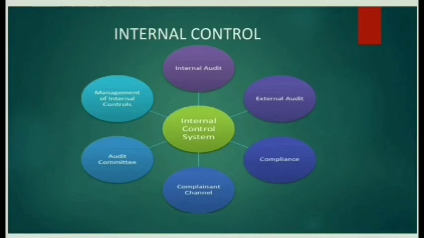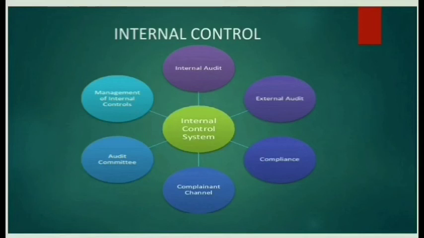So when the company is growing, when it is a bigger company, the internal control system will be more expensive for them. And the forms of internal control system are accounting control and administrative control. There are two types of control.